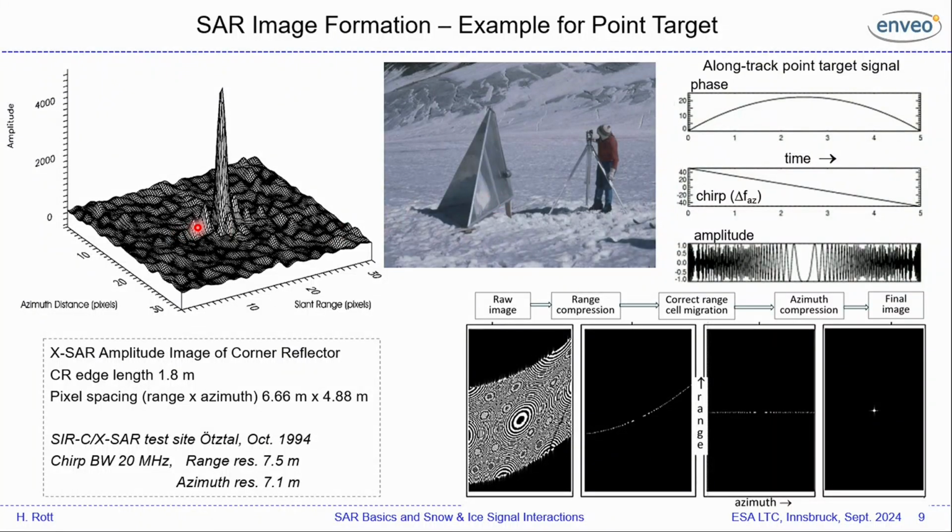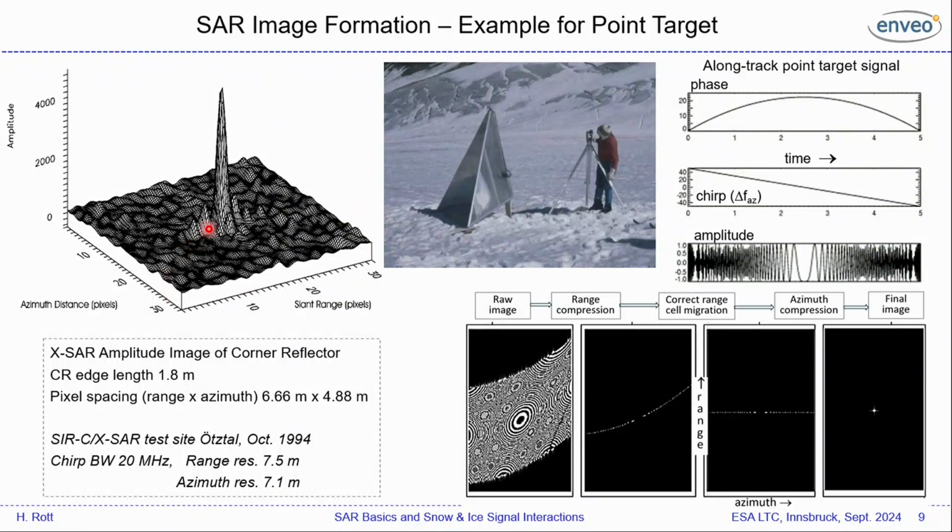This was the first 3-frequency radar experiment for Earth observation with X, L, and C band, and these are still very useful data, with field test sites also in California, the Sierra Nevada and various places.